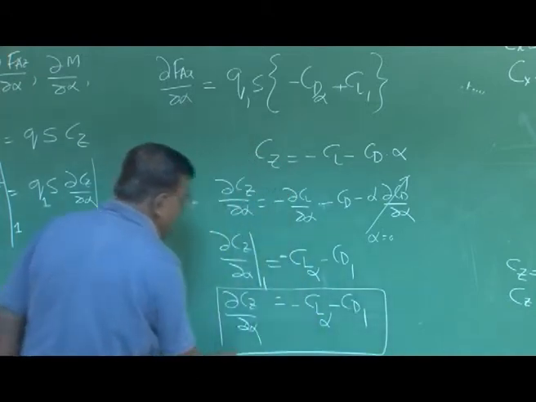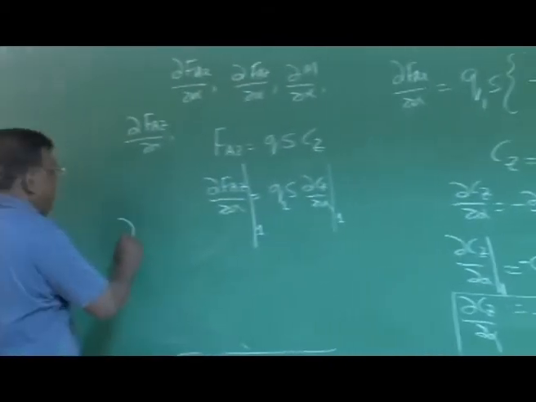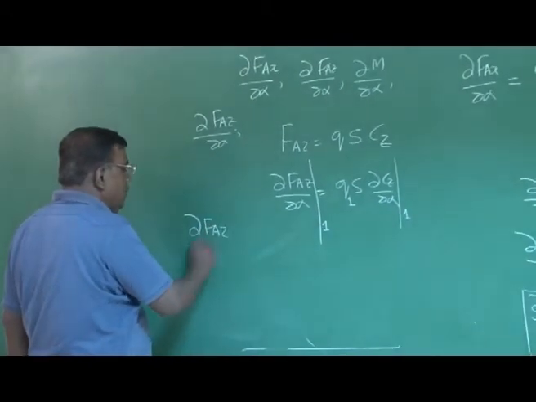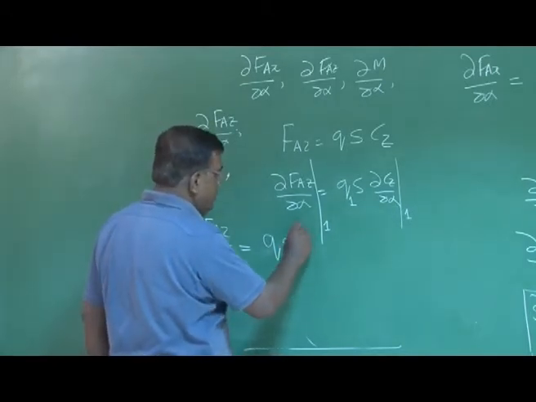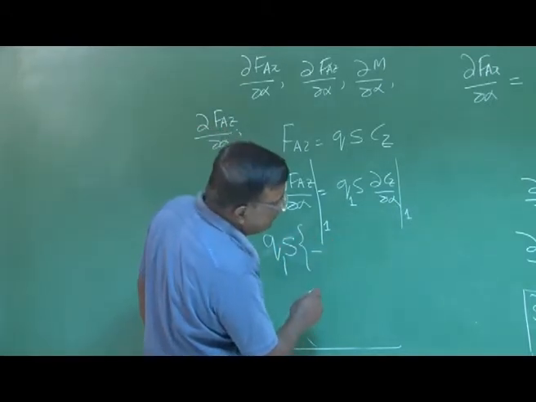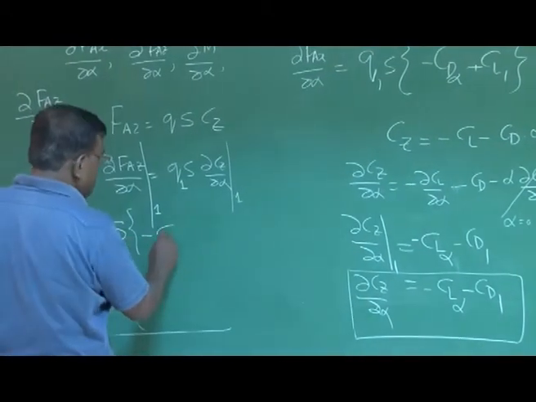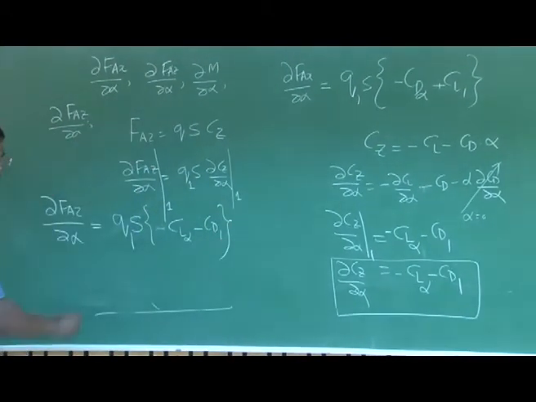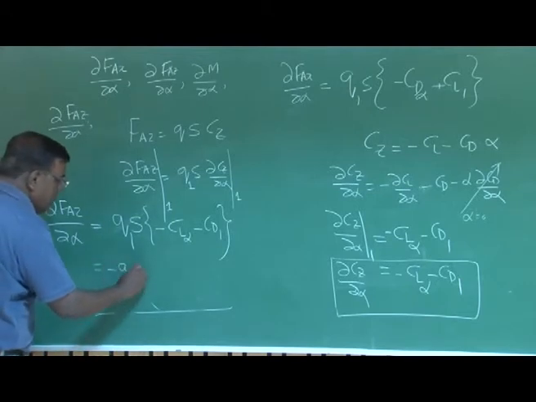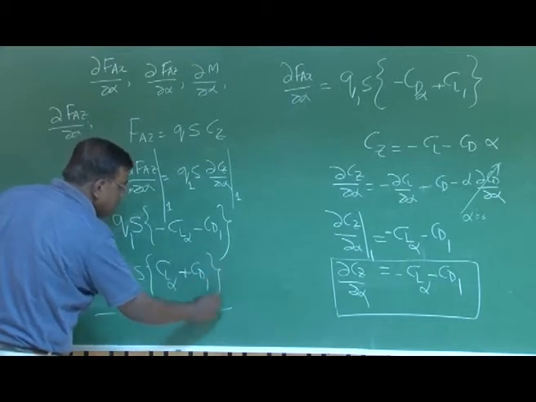CL alpha is the lift curve slope of the whole airplane. So once I know this, dFaz by d alpha will look like this: q1 S into minus CL alpha minus CD1, and in textbooks you might have seen the minus taken outside, and this is written as CL alpha plus CD1.